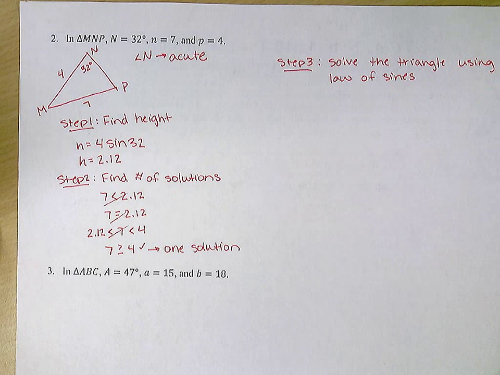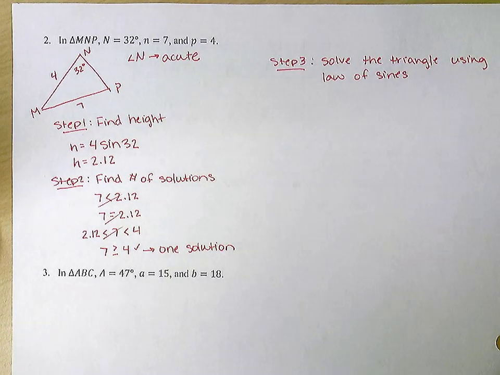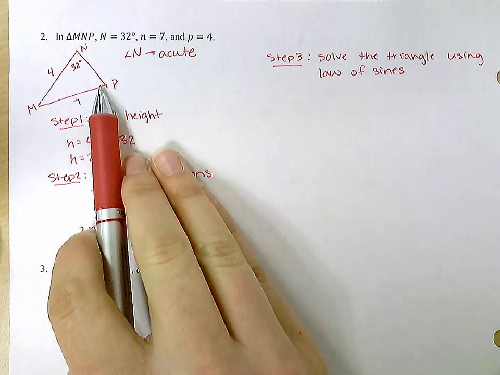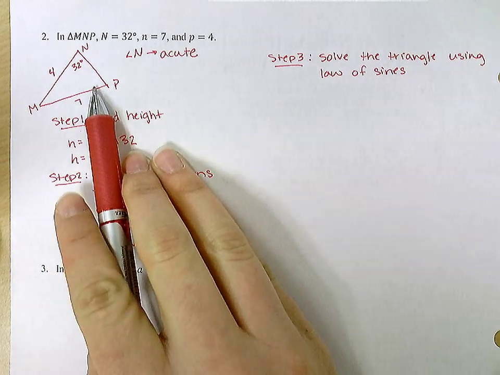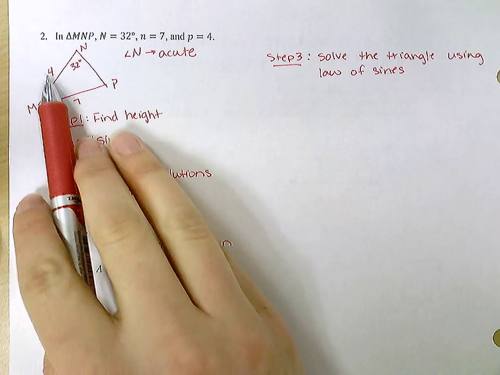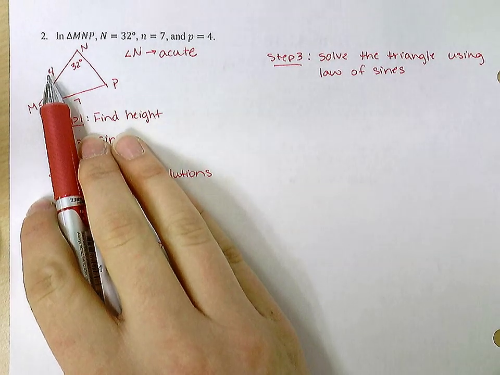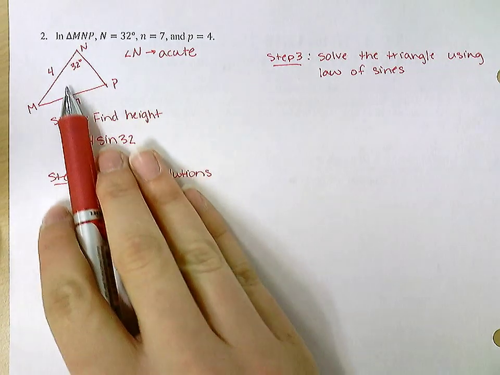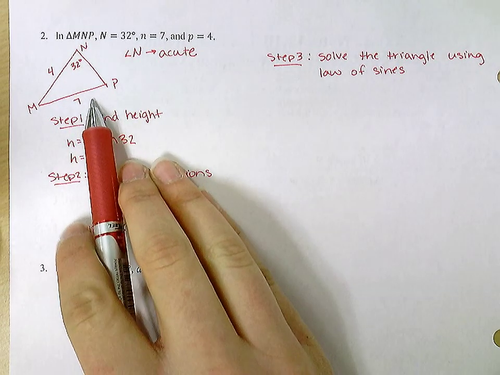Okay, so that's sine of A over lowercase a equals sine of B over lowercase b. So first what I want to do is find one of my missing angles. Okay, the angle that I want to find is the one that's opposite the other side we're given. Okay, so I'm going to use uppercase P and lowercase p in law of sines. And I have to use uppercase N and its opposite side as well.